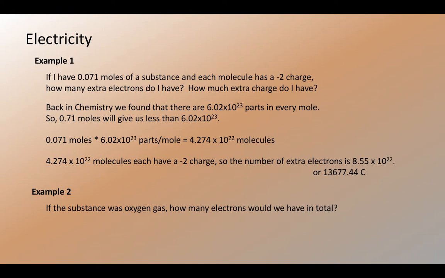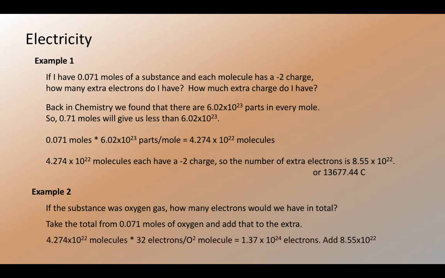So let's do another example. If the substance was oxygen gas, so we go back up, we have the same information, except this substance is actually oxygen gas, how many electrons would we have in total? So we take the total from 0.071 moles of oxygen, and then add to that the extra electrons that we have from the element itself.